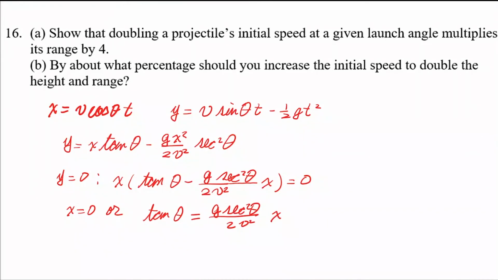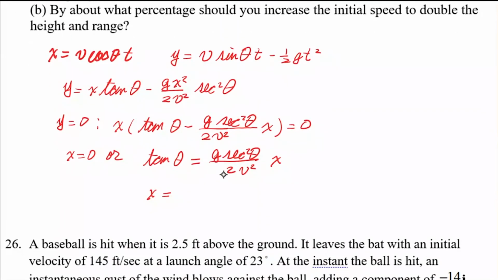Well, these are equal to each other. Good. So my x here is equal to, flip it over and multiply, that's v squared, so we will have 2v squared over g, so far so good? Say yes. And then we are multiplying, this is cosine squared in the denominator, and then we are multiplying, maybe I should have written it then, right? Let me write it this way.